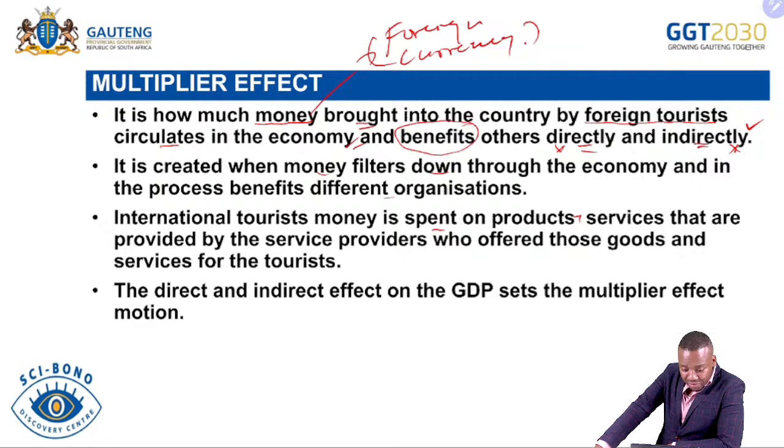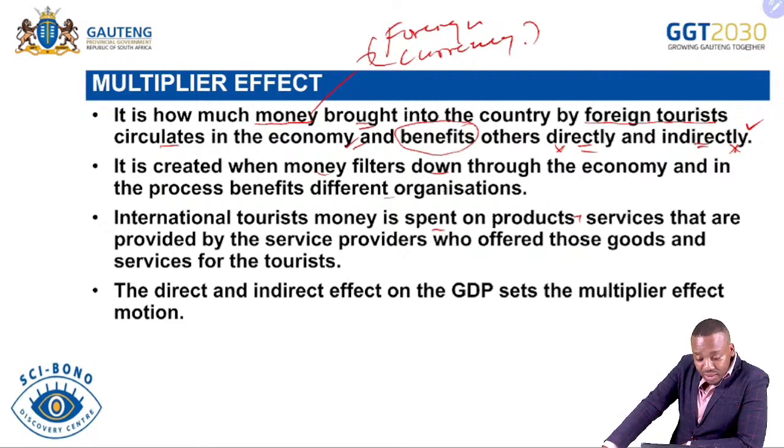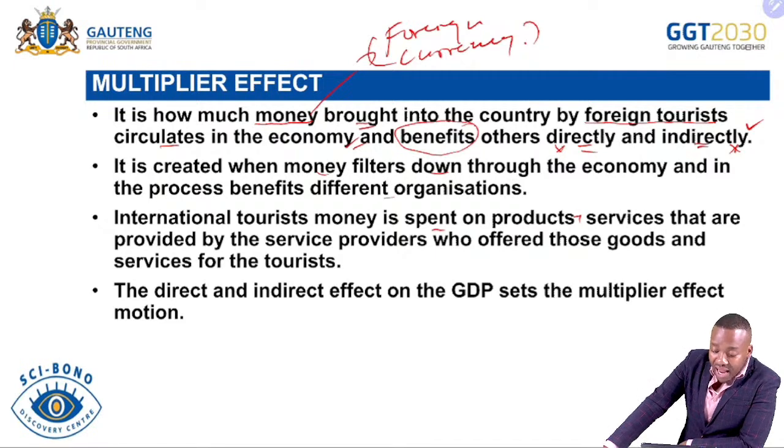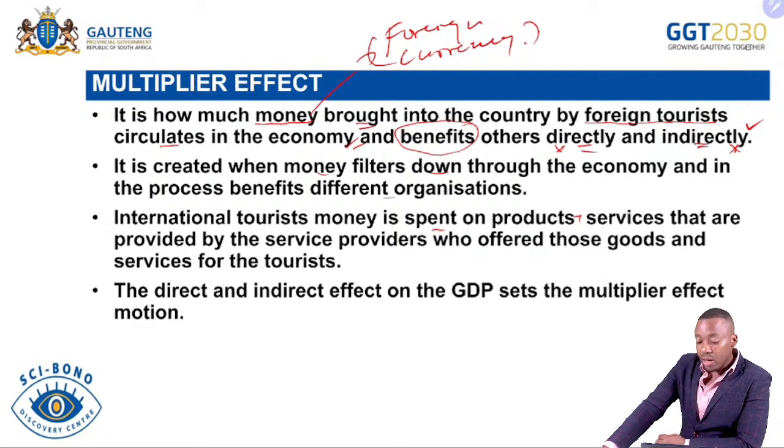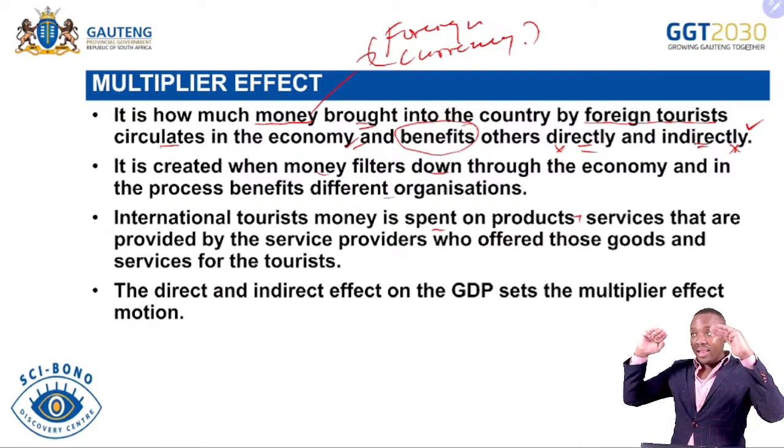So the multiplier effect is how much money is brought into the country by foreign tourists. Then what does this money do? It circulates in the country's economy and benefits others directly, and some are benefiting indirectly. This money is created when money filters down from the tourists to other sectors.